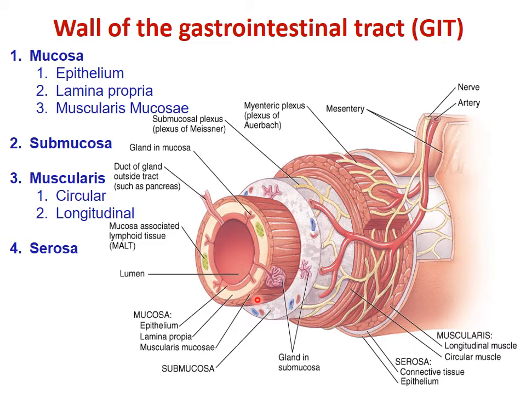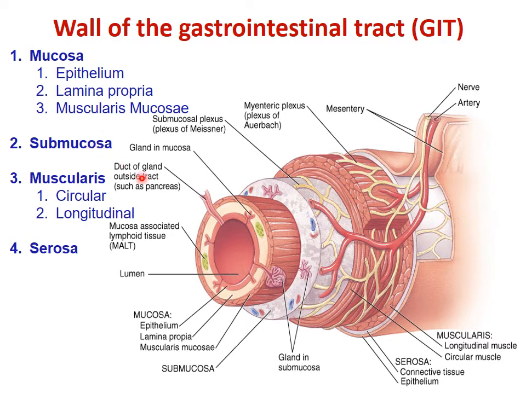In the organs you find smooth muscles, right? So these three layers combined are called the mucosa: epithelium, lamina propria, a loose connective tissue containing blood vessels, arteries, nerves, veins, some glands, plus MALT, lymphoid tissues, right?